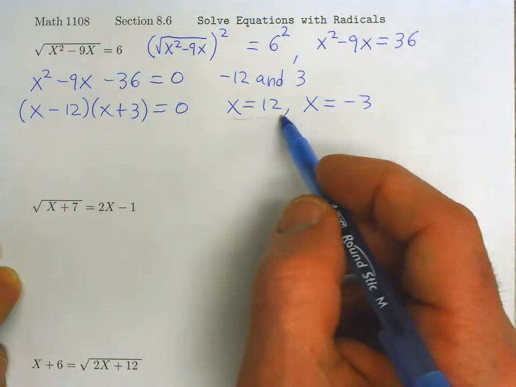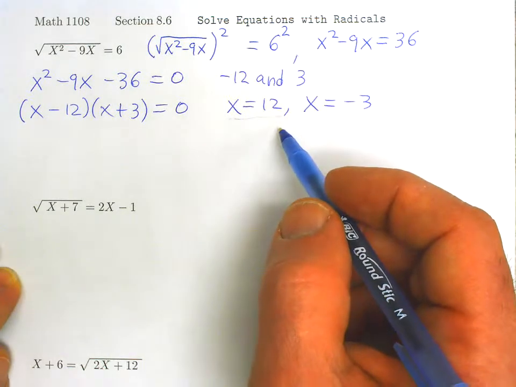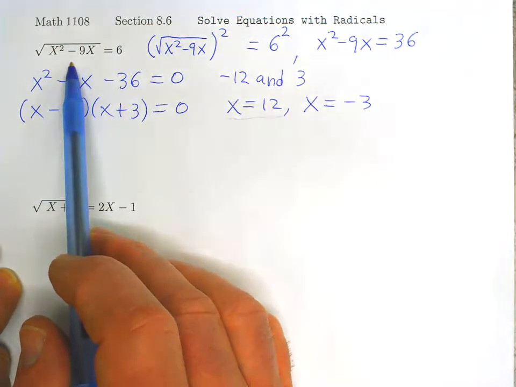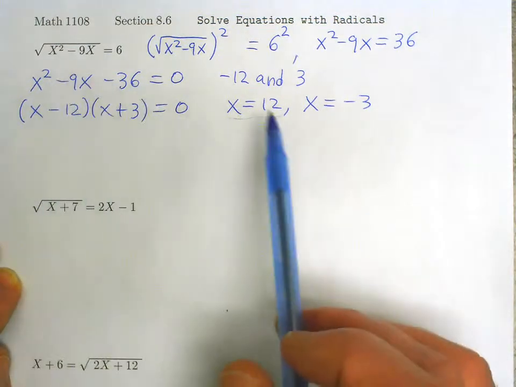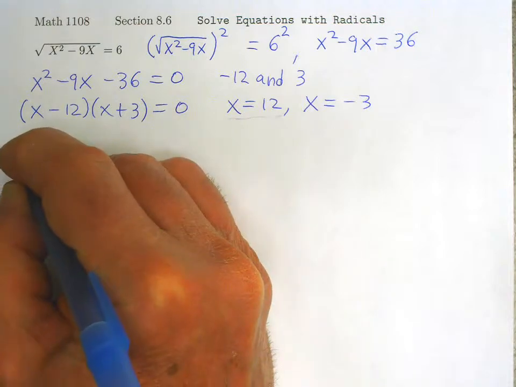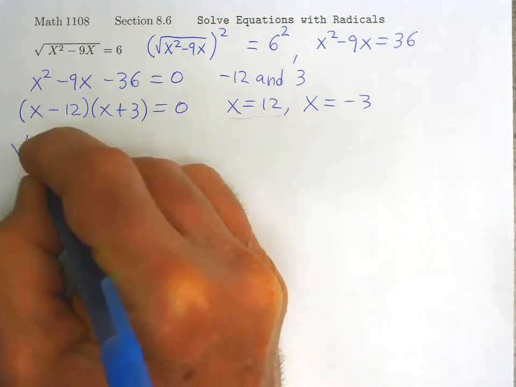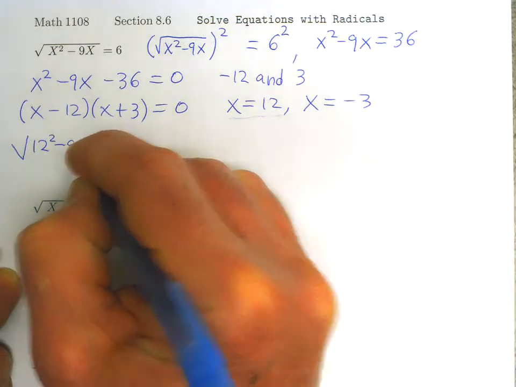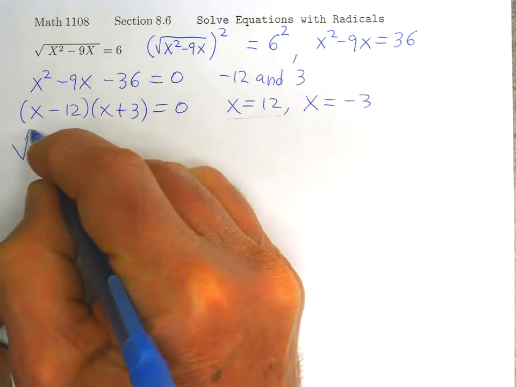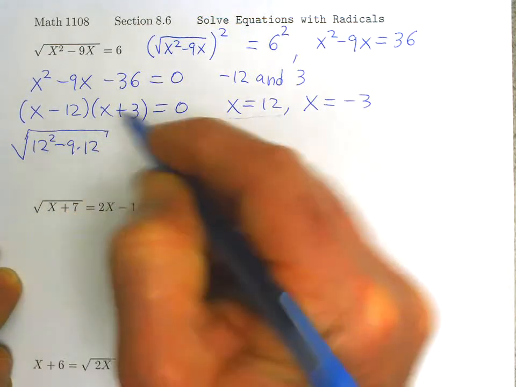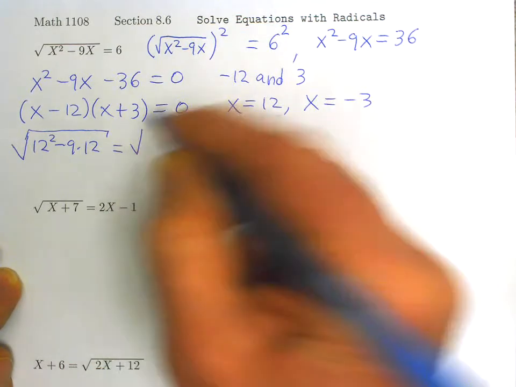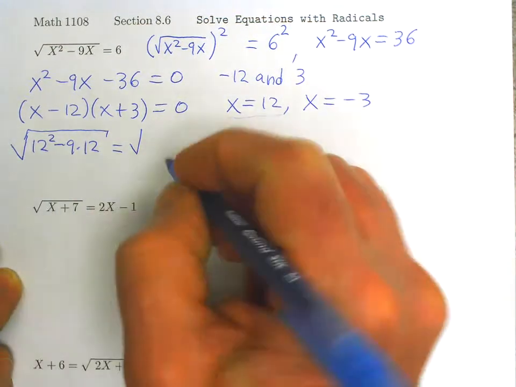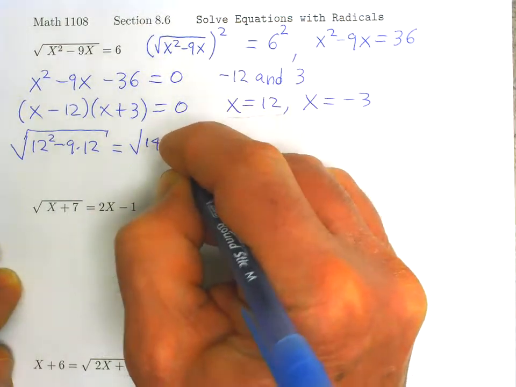We'll check x equals 12 first. In the original equation, replace every x with 12. So we have the square root of 12 to the second minus 9 times 12. And inside the square root, 12 to the second is 144.